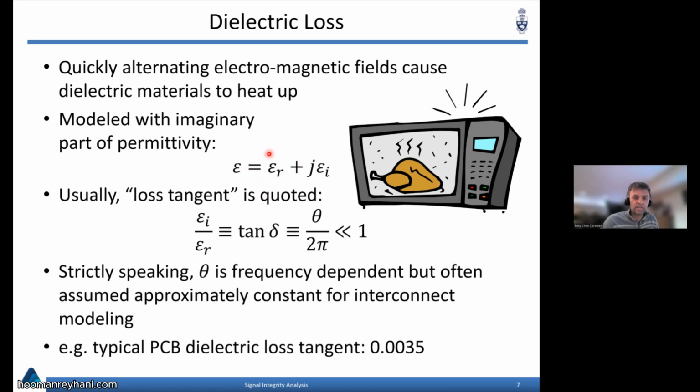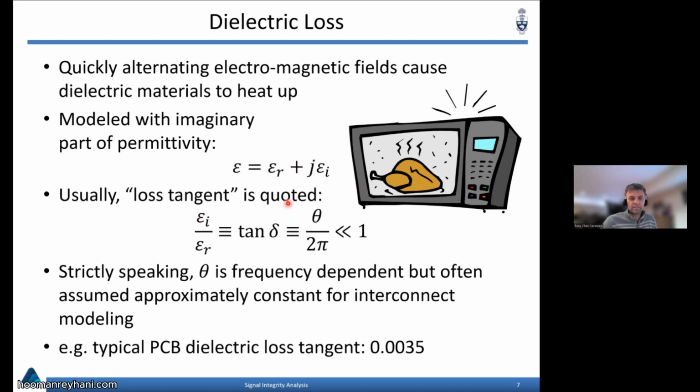So whereas I mentioned before, FR4 dielectric in printed circuit boards has a dielectric constant of about 3.9 or 4, the dielectric loss gives rise to an imaginary term here.